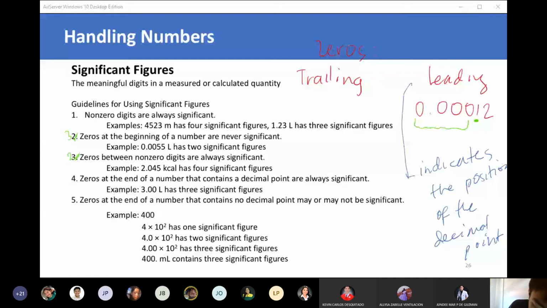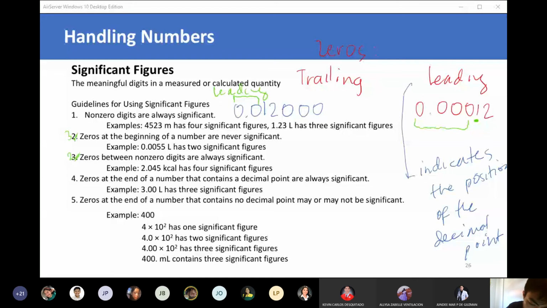For example, 120,000.01000. So there are two parts of zeros there. This part, in green, is called the leading zeros.